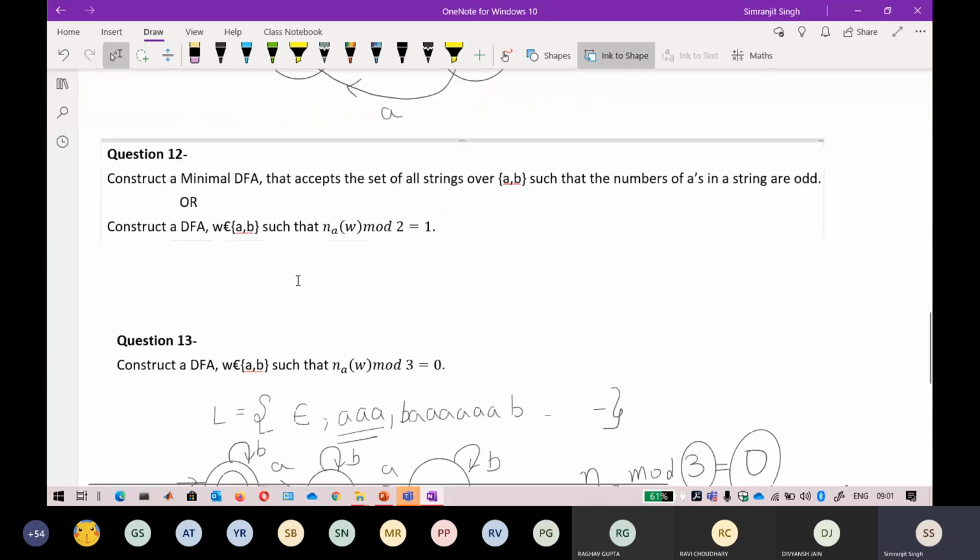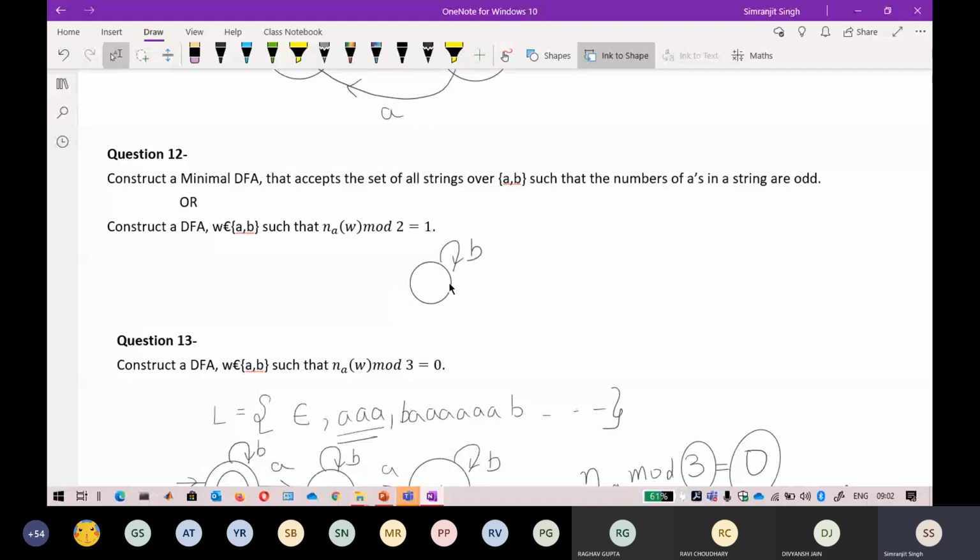In the same way, if you look at this question and draw it, it will be like this. If I just draw it roughly, I don't need to worry about this, and this is your final automata for this question. It is accepting an odd number of A's, that is n of a in w mod 2 equal to 1, and the number of states here are 2, and the final state here is 1.